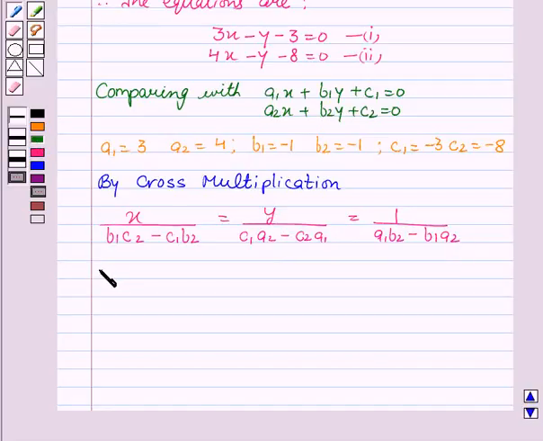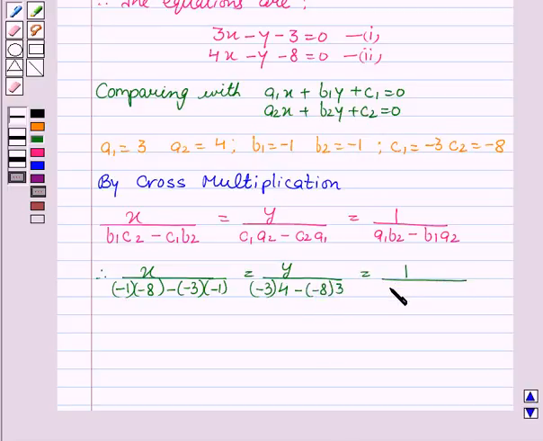Therefore, x upon minus 1 into minus 8 minus of minus 3 into minus 1 equal to y upon minus 3 into 4 minus of minus 8 into 3 equal to 1 upon 3 into minus 1 minus of minus 1 into 4.